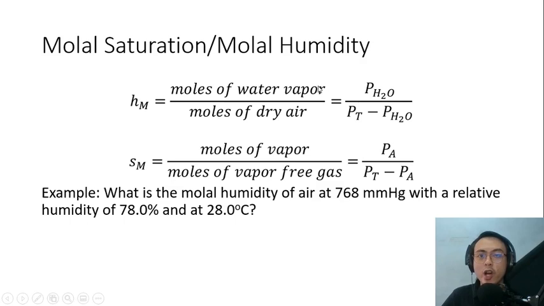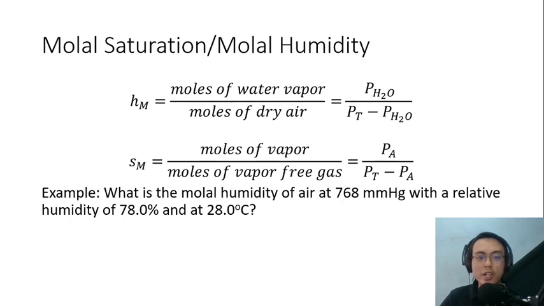On the numerator, you have the number of moles of water vapor. On the denominator, you have the number of moles of dry air. When we say dry air, you subtract the amount of water from the total air because we only want the dry air in the denominator. That's why in our formula here, your numerator is the moles of water vapor, but remember, we have an equivalency between mole fraction and pressure fraction.